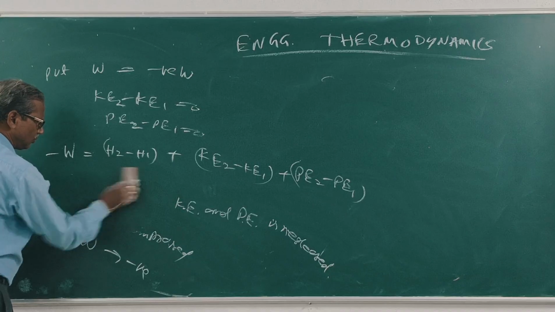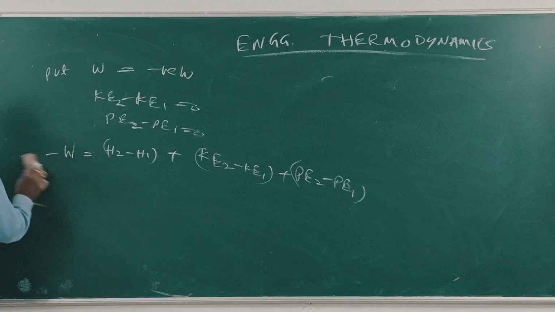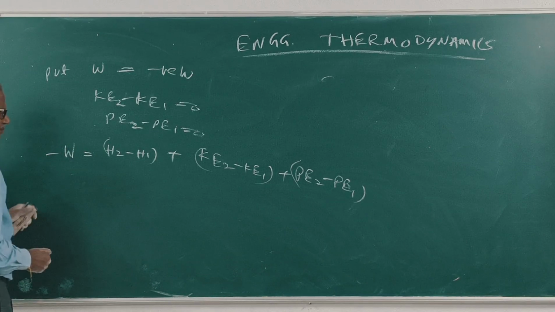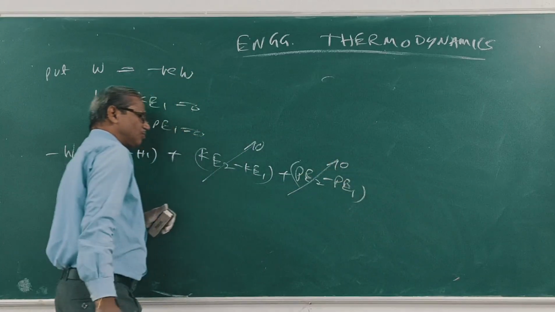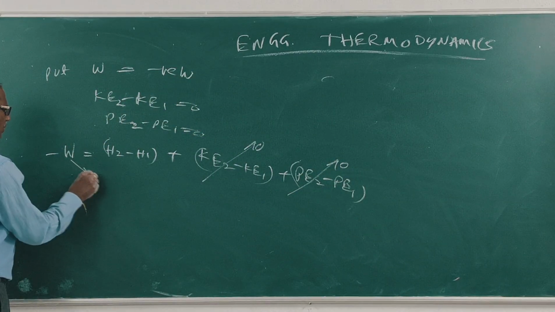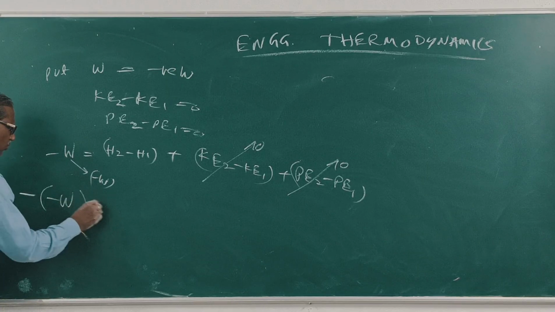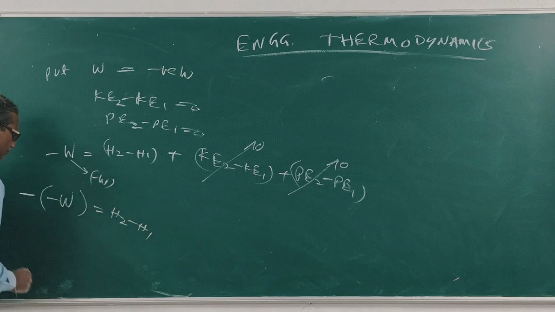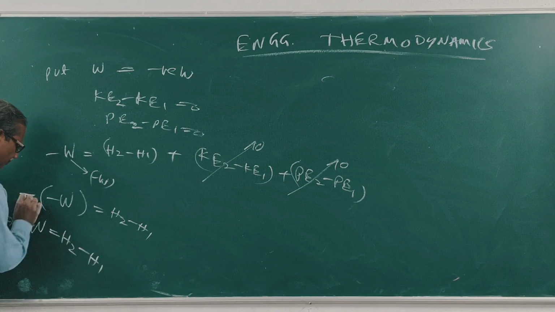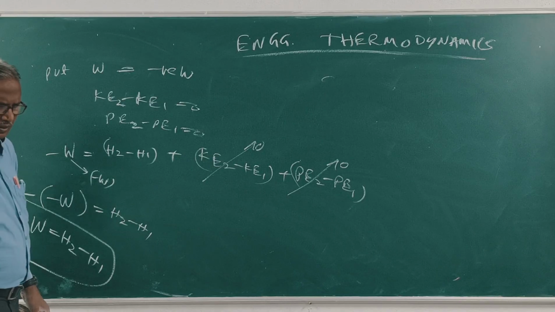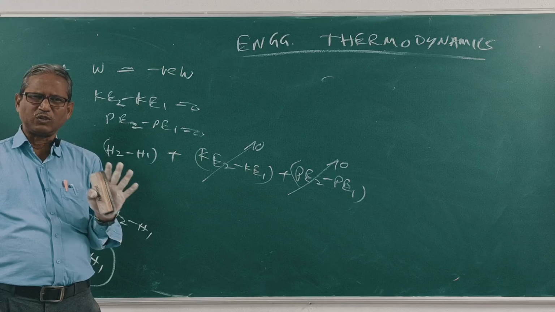Now, in this equation, this is 0, this is 0, this becomes minus W. So minus of minus W is equal to H2 minus H1. This implies W is equal to H2 minus H1. Clear? This completes our theory for the steady flow energy equation.